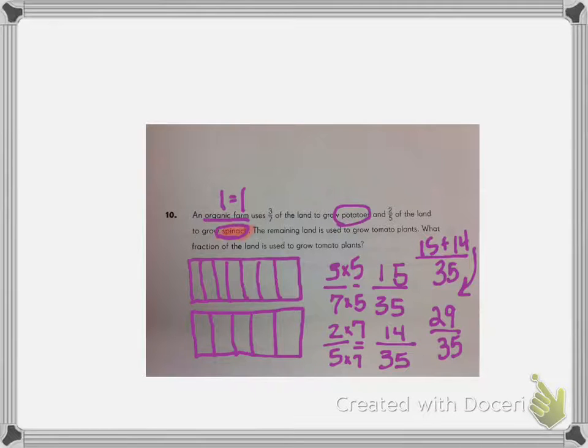I'm wanting to find out what remainder is left over to grow the tomatoes. So then I'm going to go ahead and take 29 35ths, and I'm going to subtract it from the 1 whole.